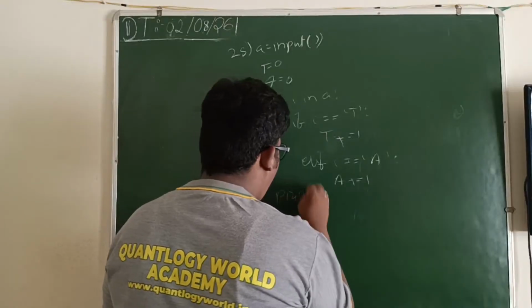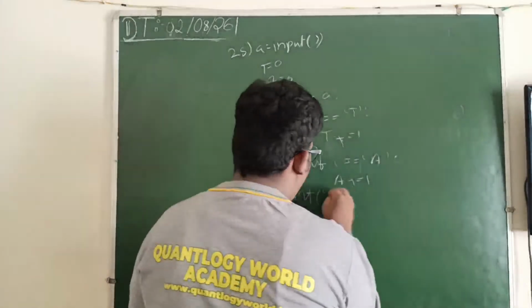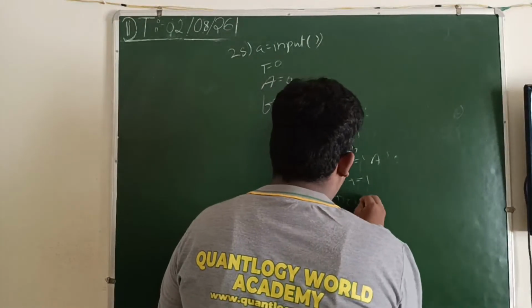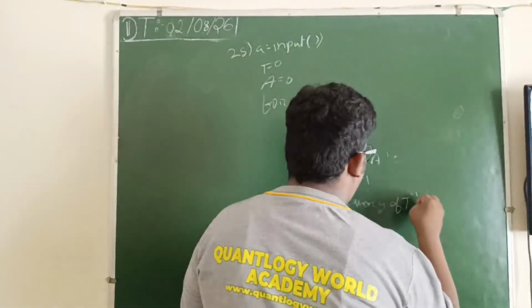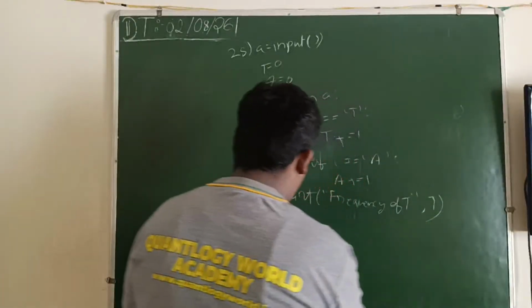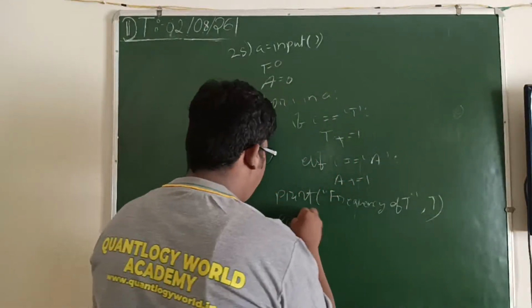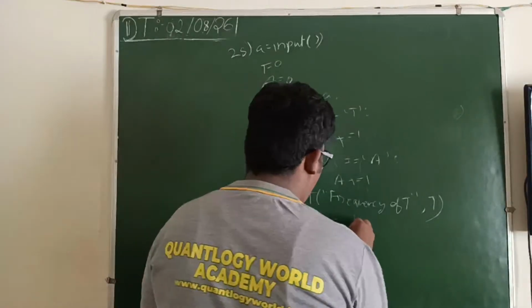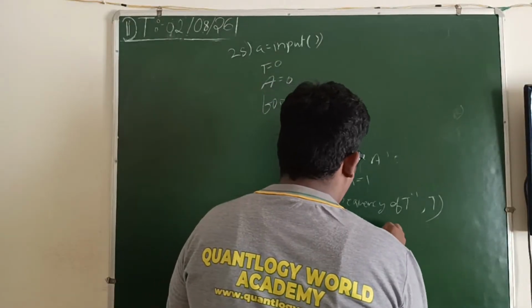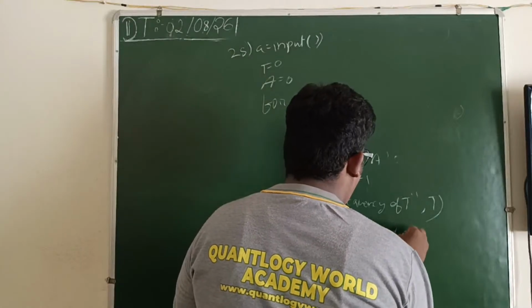Print frequency of t, then print frequency of A.